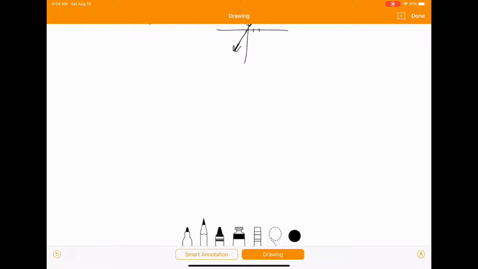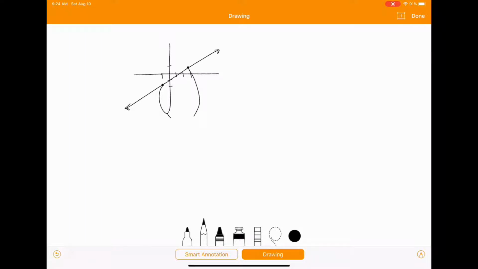Now, if you were given a graph, let's say, you're given that plot right there, and we know these 2 points.